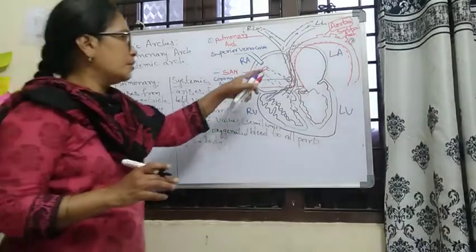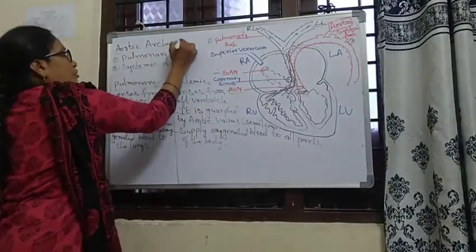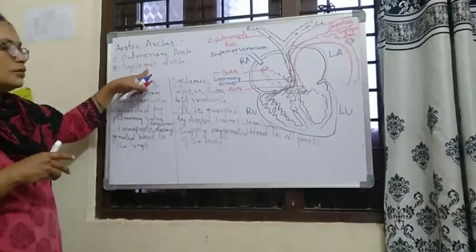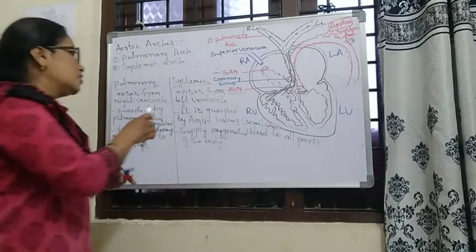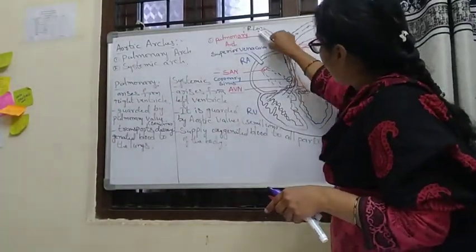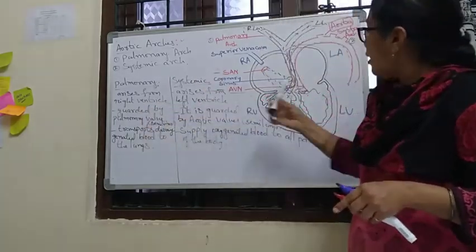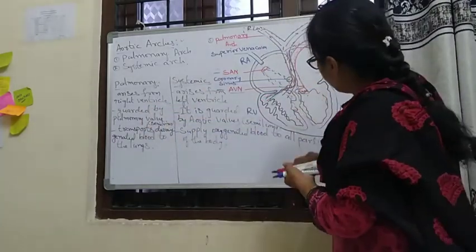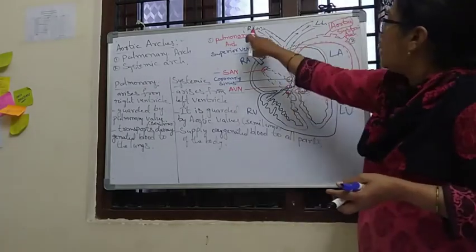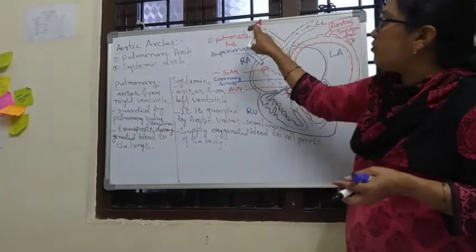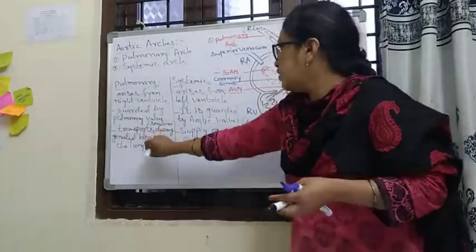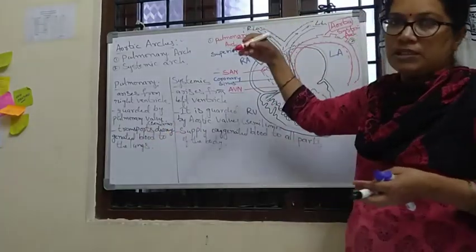So there are two types of aortic arches. What are they? Pulmonary arch and systemic arch. The pulmonary arch arises from the right ventricle and is guarded by the pulmonary valves. It transports deoxygenated blood to the lungs for oxygenation.